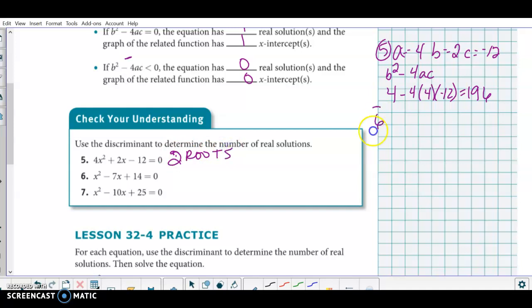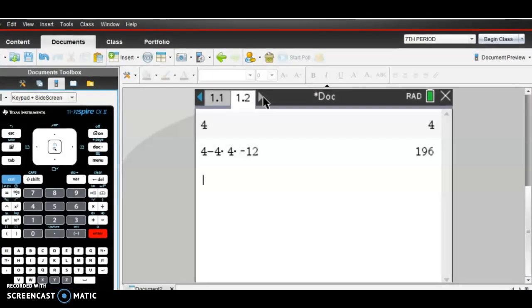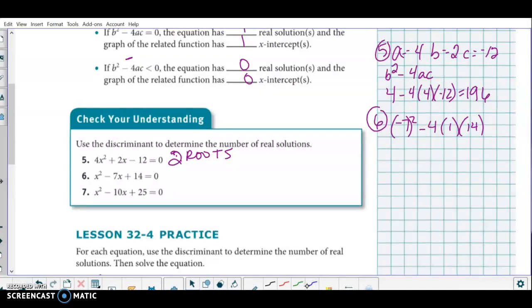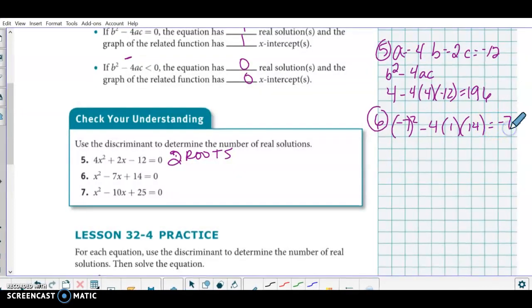On number 6, b squared, so I can say negative 7 squared. Remember, if you put that in the calculator you need parentheses, minus 4 times 1 times 14. So 49 minus 4 times 1 times 14 is a negative 7. So we know that means this will have no roots or no solutions, just like we can't take the square root of a negative.